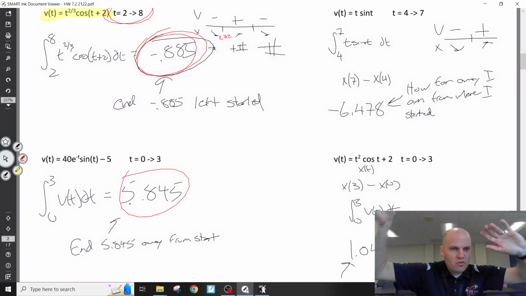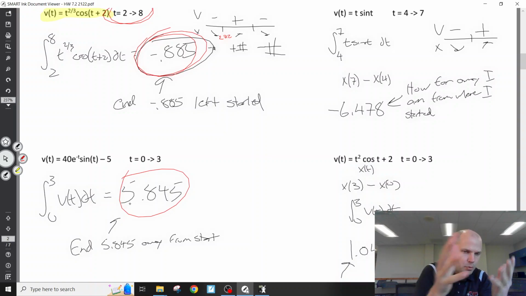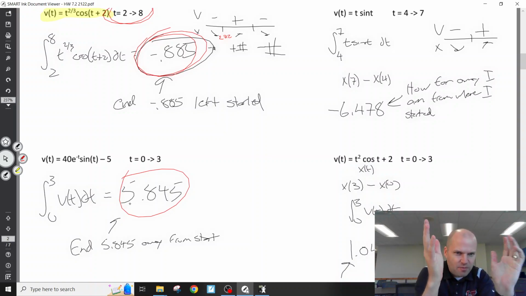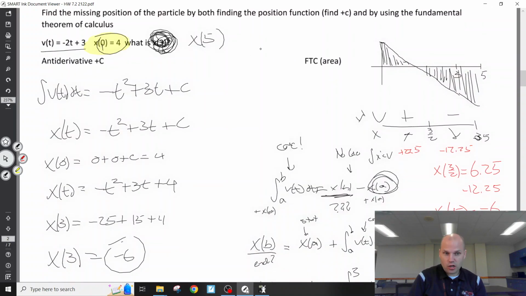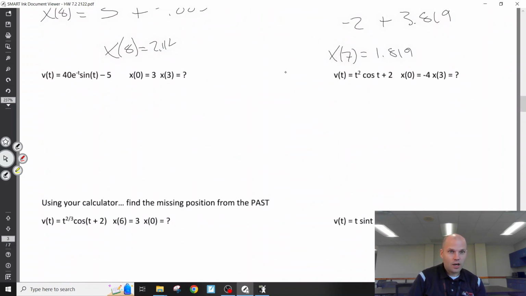Bunch of stuff happened. Move to the right, move to the left, move to the right. But putting it all together, I ended up 5.845 away from where I started, to the right. Well, now I know where I started. I started at 3.